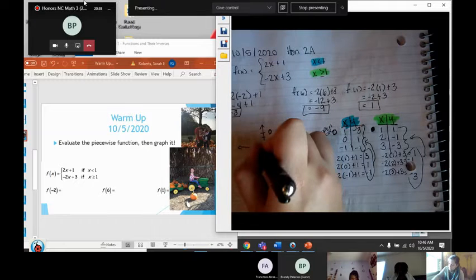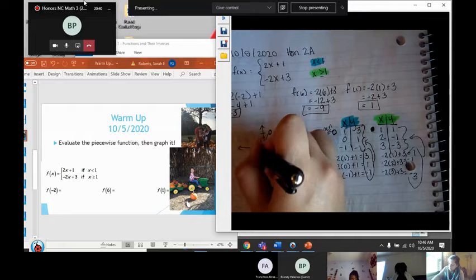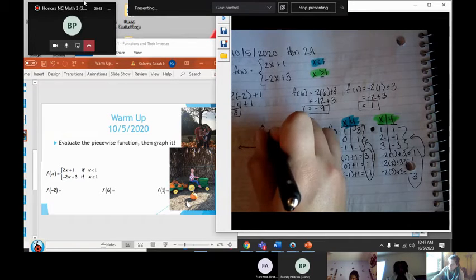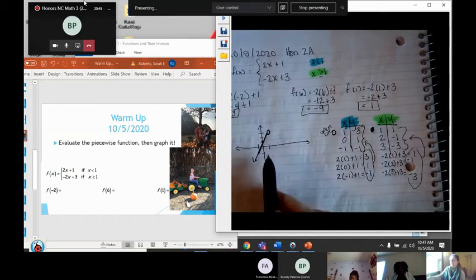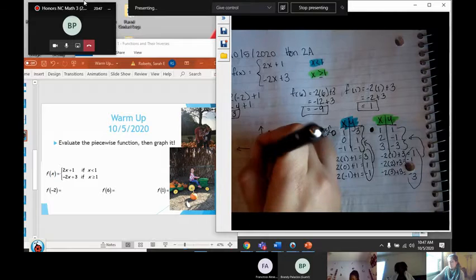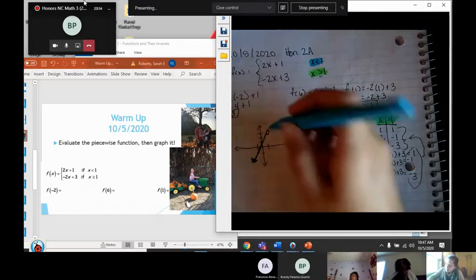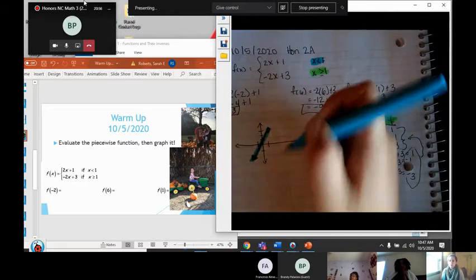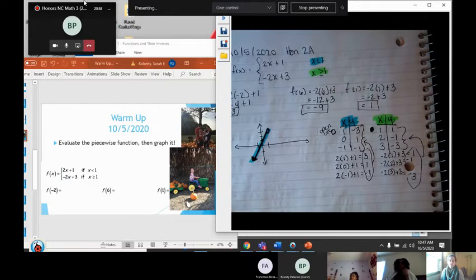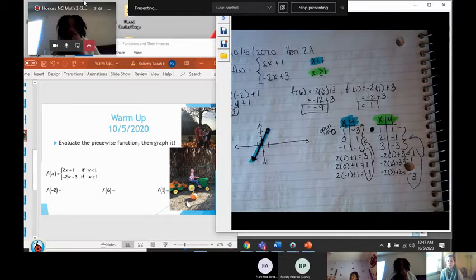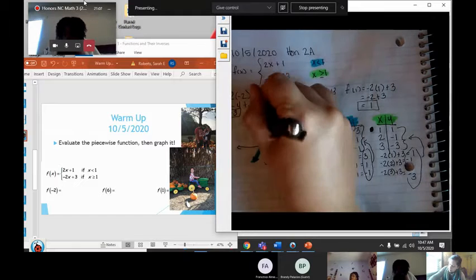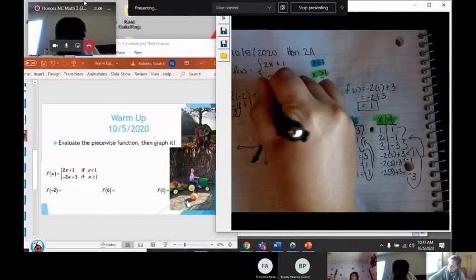Oops, I made it a little bit too far down, but okay. And then these were values less than 1. So we want our arrow to be moving to the left, and we see that our points kind of force it to move down. So this was the blue section of our graph. What questions do you guys have about that particular part of the graph? The point at 1, 3 is open? Yes. Yeah, so this is an open circle.